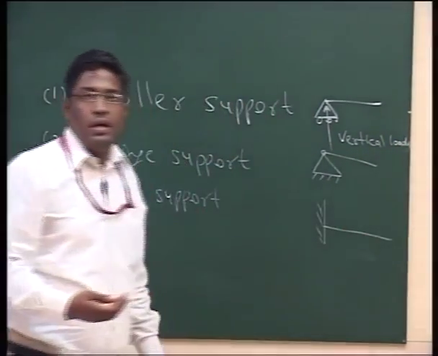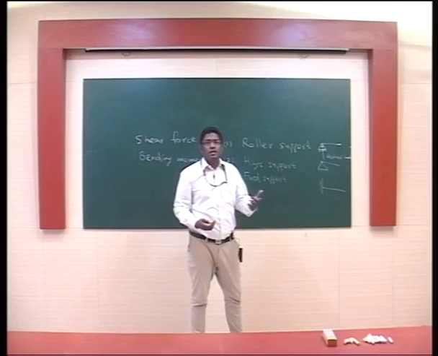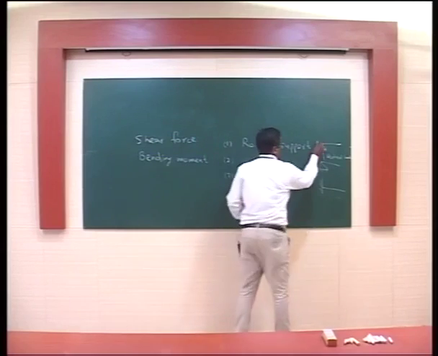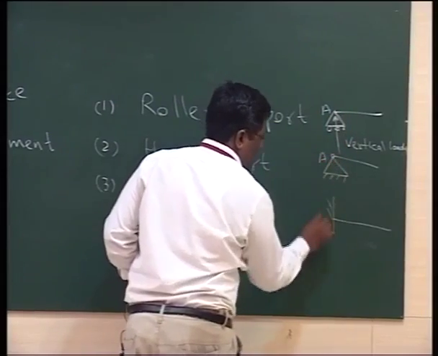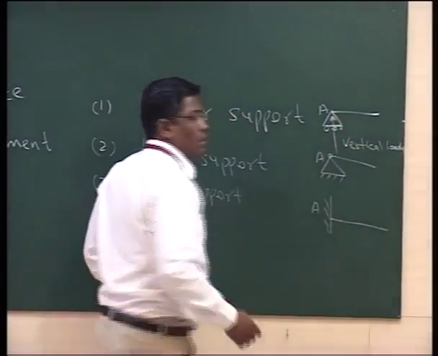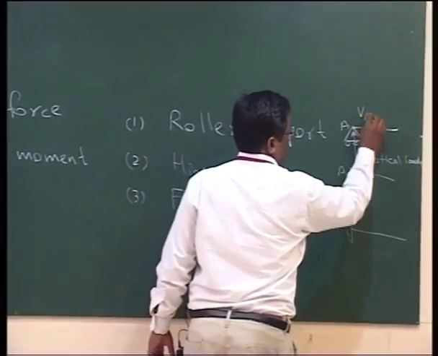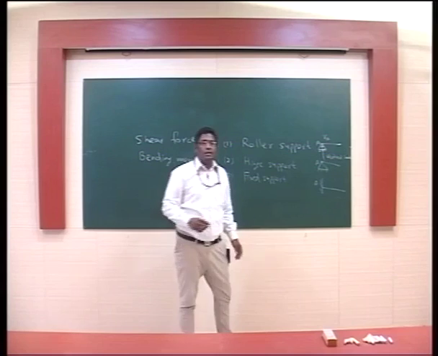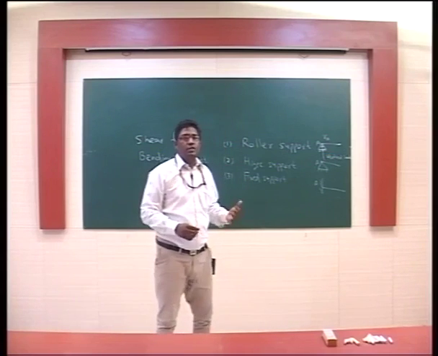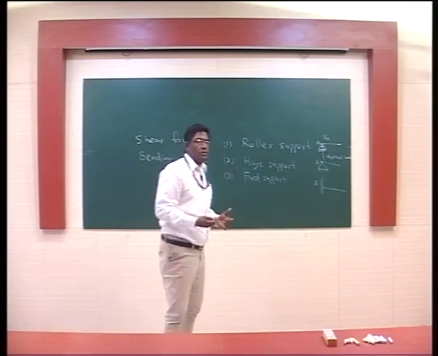That means it will give a reaction which is the vertical reaction. If we give name to this point, then the roller support will always give a vertical reaction. So it means that it is the one unknown which we have to determine in roller supports.